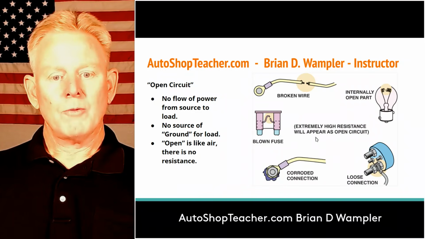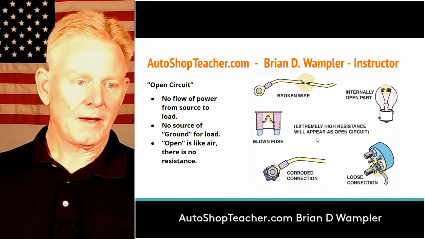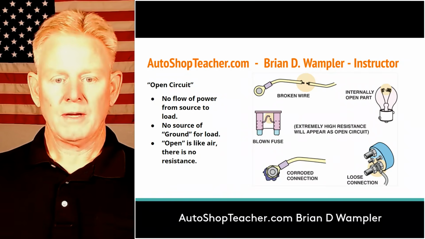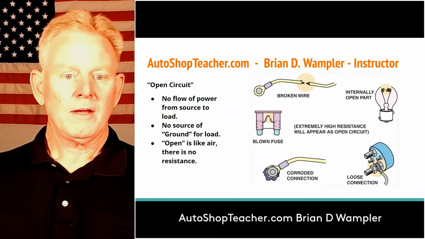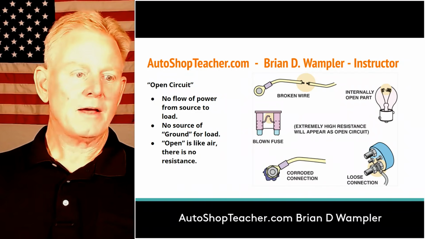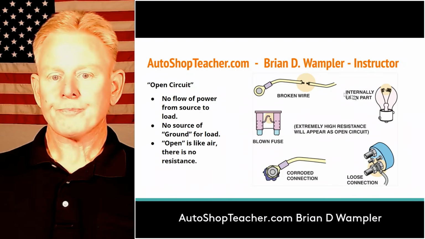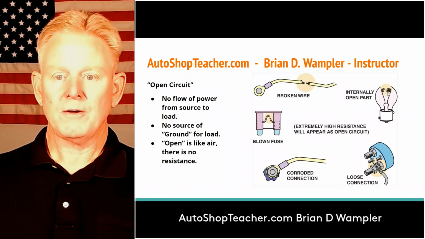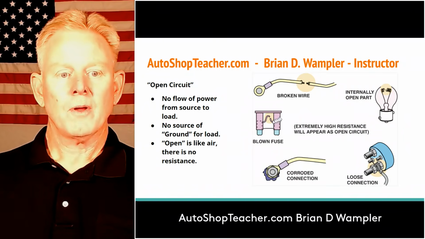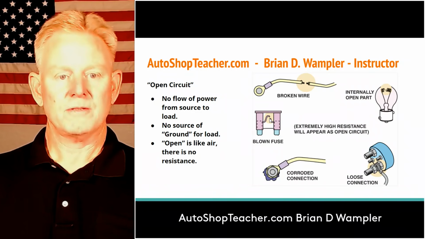Now, what about when we have an open circuit that we weren't expecting to have? Any open circuit is going to prevent the flow of power from that source to the load. So obviously a broken wire, or the filament in the bulb itself being broken, or possibly the fuse having had too much power flow through it and is burnt, as everybody calls it.